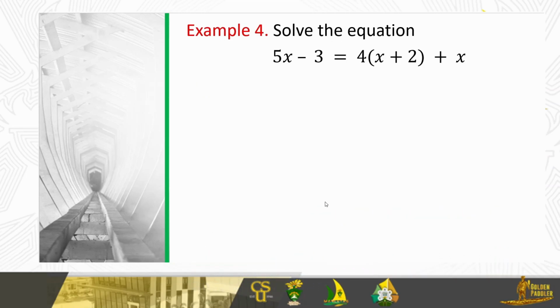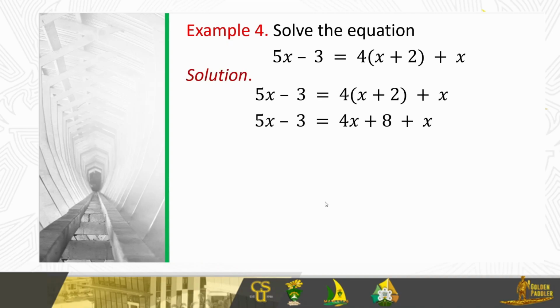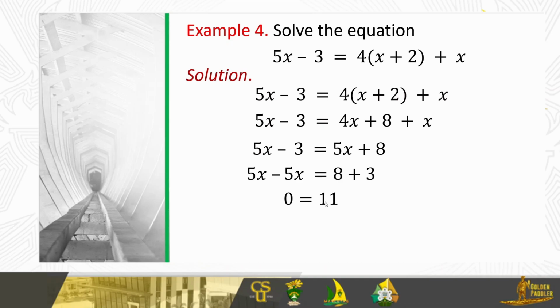Here's our last example of solving linear equations. If you try to express this in standard form, we will have this result. On the left-hand side, x is cancelled out again, but the right-hand side is not. We ended up getting 0 equal to 11, which is a false statement.